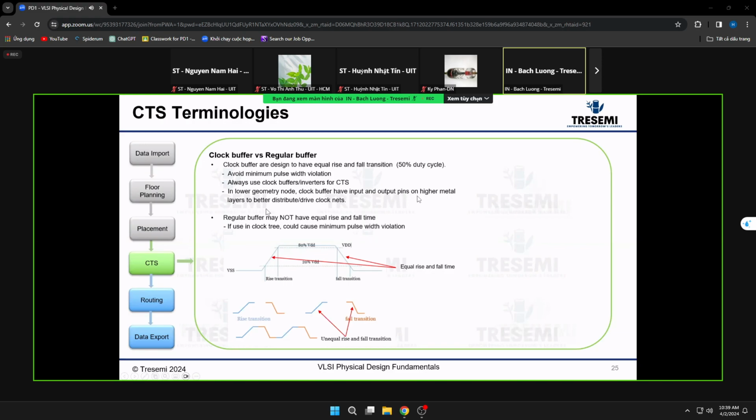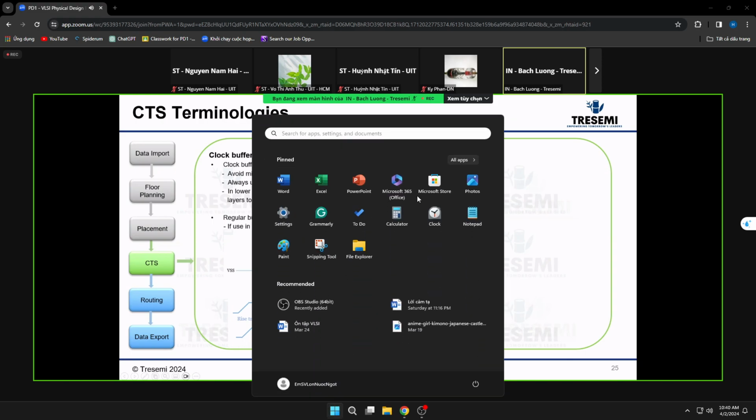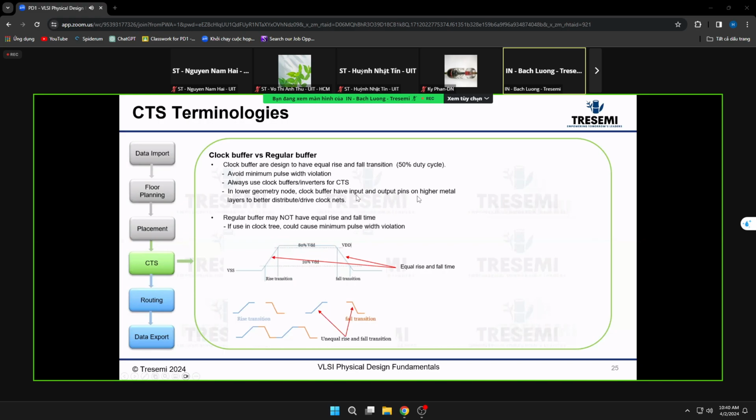In a low geometry node, like 3 or 4 nanometers, the clock buffer will have input and output pins on higher metals, usually metal 0, metal 1, sometimes metal 2, so it's better to distribute and drive the clock nets. Do not use regular buffers in your clock tree because they will create minimum pulse violations.